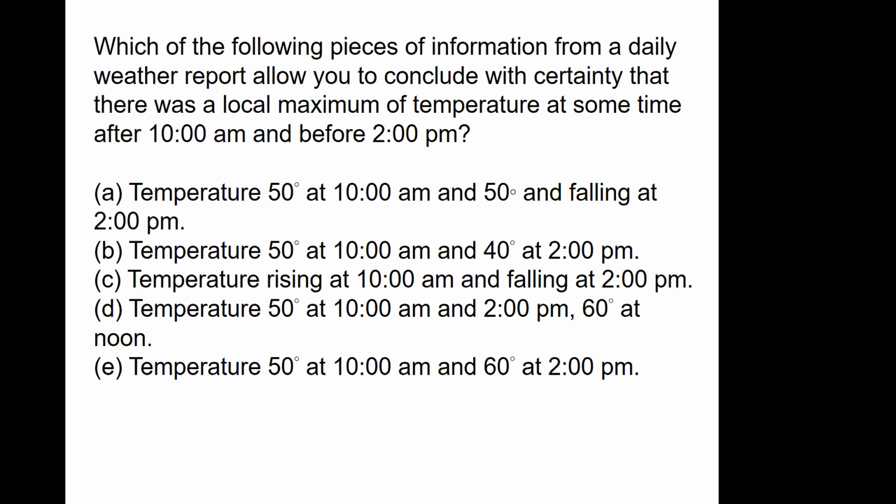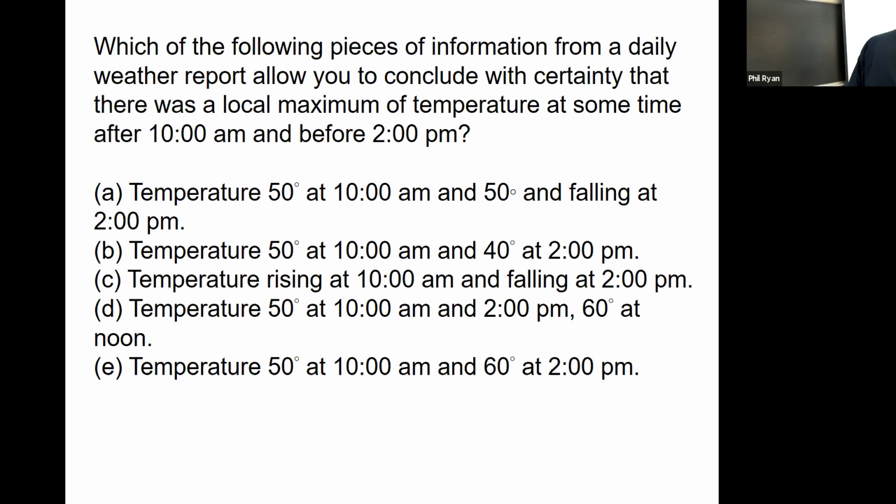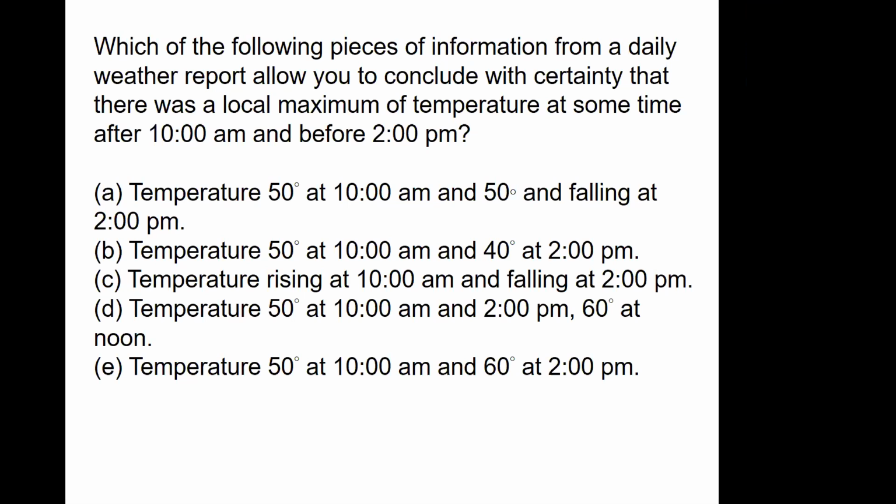C. C, let's have a look. The temperature rising at 10 a.m. and falling at 2 p.m. Exactly right. If something is rising beforehand and falling afterwards, somewhere in between there has to be a little mountain. Thanks a lot, Joe.